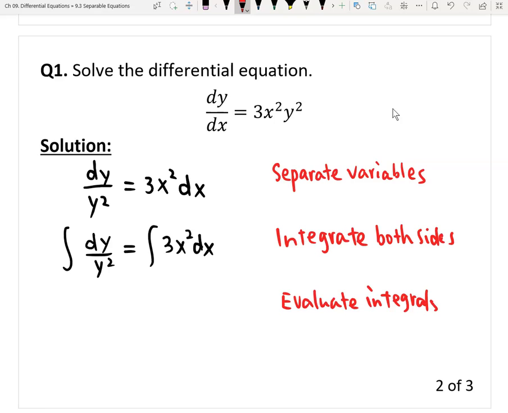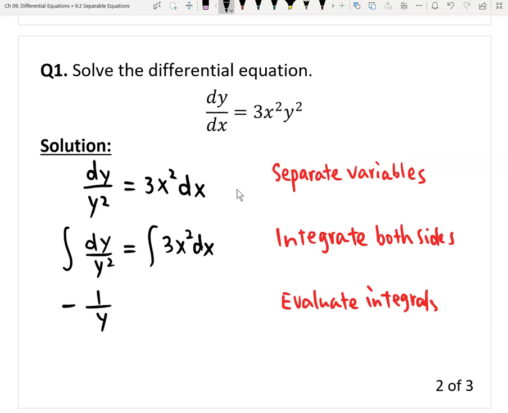Now, how about the left side? We can see 1 over y squared. We do have a function, a reciprocal function. Do you remember the reciprocal function, when we take a derivative, goes to negative 1 over y squared? Therefore, we have a negative reciprocal on the left, so it's negative 1 over y.